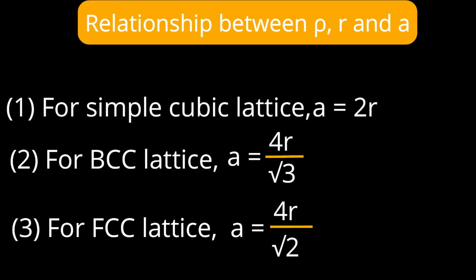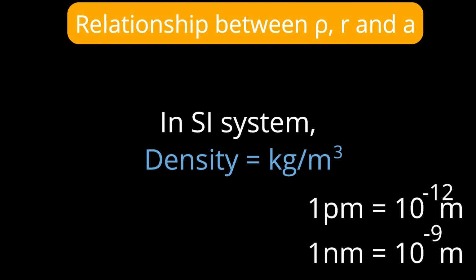What is the unit of A? Centimeter. What is the unit of R? Centimeter. If SI unit we have to consider, then both will be in meter. If we have to express the density in SI unit, then the unit is kilogram per meter cube. 1 kilogram is equal to 1000 gram.